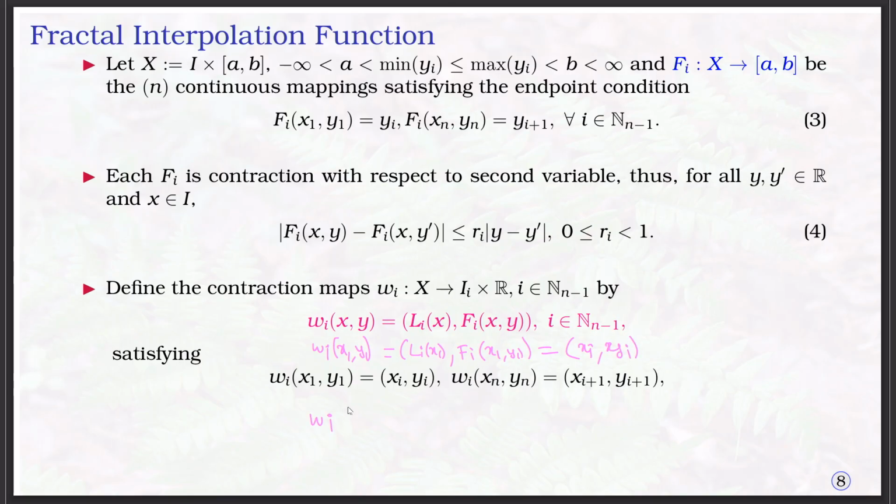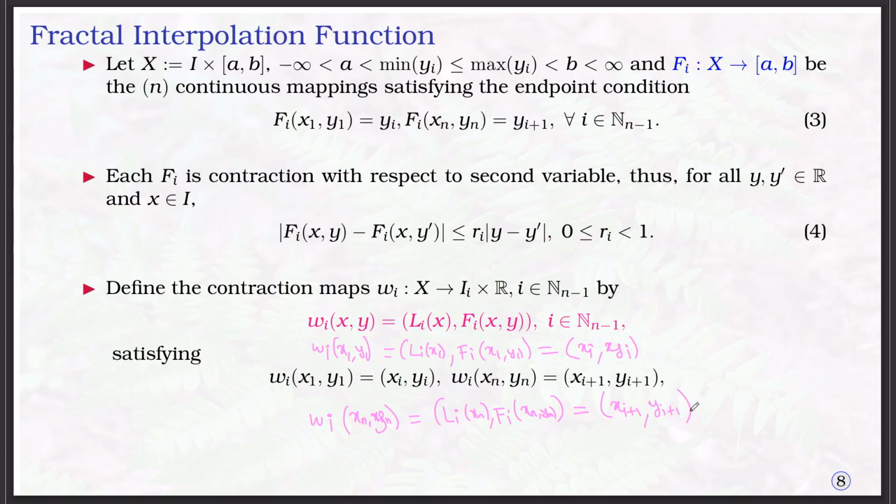Similarly, Wi maps the endpoint xn, yn to (Li of xn, Fi of xn and yn), which is (xi plus 1, yi plus 1).